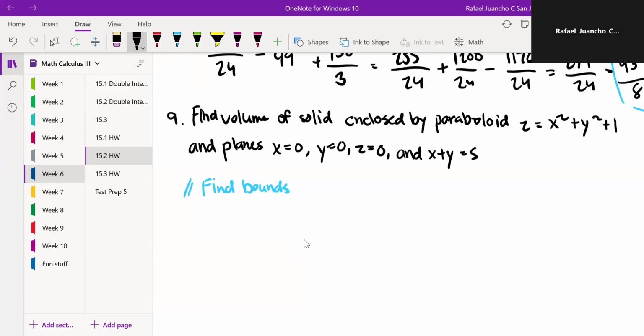Okay. z equals 0, which we can plug in. x plus y equals 5.